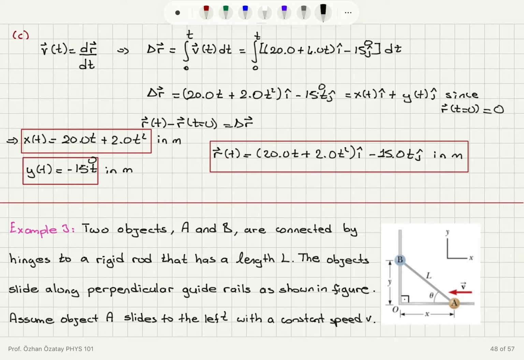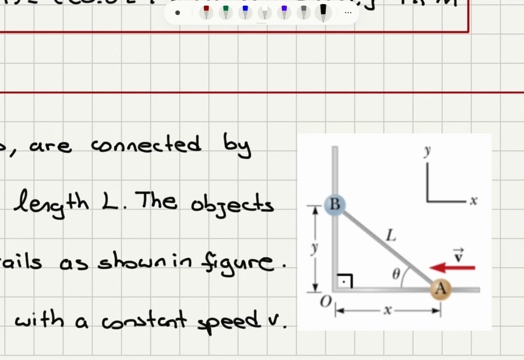Now let's move on to another example. Two objects A and B are connected by hinges to a rigid rod that has a length L. The objects slide along perpendicular guide rails as shown in the figure. Assume object A slides to the left with a constant speed v. So you can see they are connected.